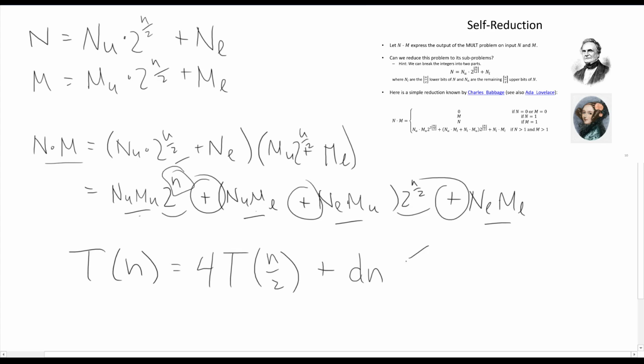So I'm going to call that dn here. Now, in our last video, we took a look at the master theorem. And in the master theorem, we looked at a couple values. A, in this case, our A is 4. B, in this case, our B is 2. And then we needed to compute log base B of A. So log base B of A, in this case, log base 2 of 4 is 2.